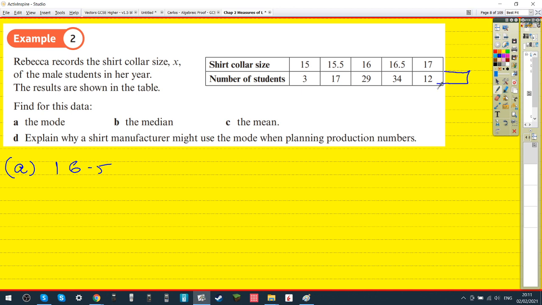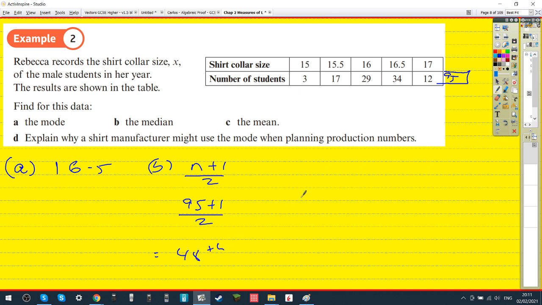Total students. 95 students. And so you would do n plus 1 over 2. In this case, that's 95 plus 1 over 2, which is 48.